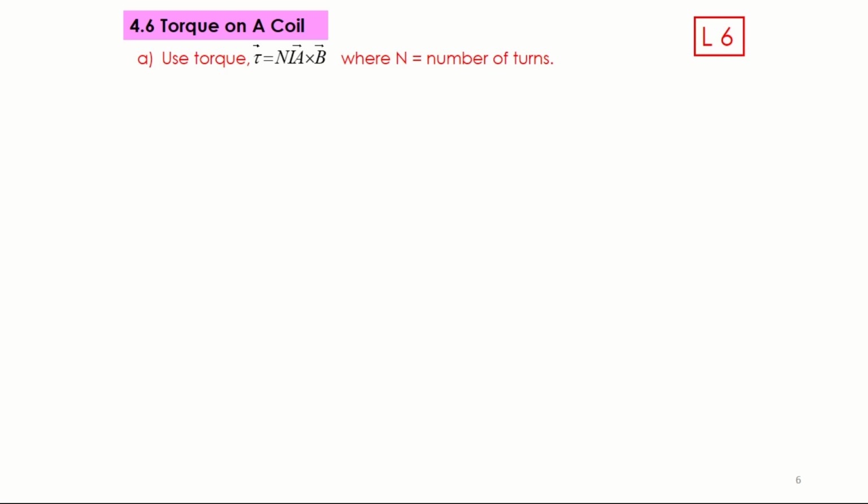To determine the magnitude of torque, we use torque equals NIAB sine theta, and theta is the angle between vector A and vector B. Vector A here is the cross-sectional area, and vector B is the magnetic field. To determine the direction of torque, we can use the right hand palm rule.